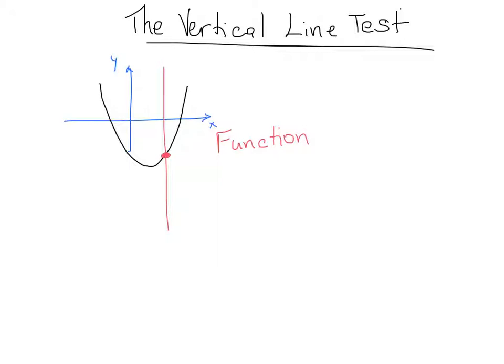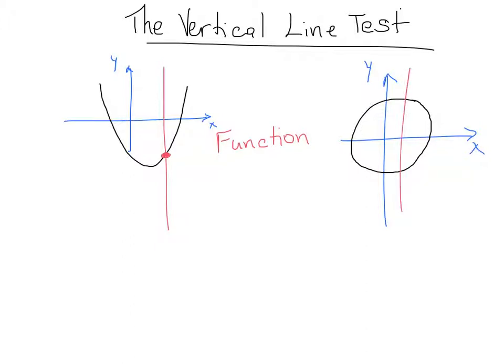Let's try another one. Circles are pretty common, so let's get one of those up here. Alright, so here is my graph, the circle, or my attempt at a circle. Now, if I can draw a vertical line anywhere on that coordinate plane and it touches my graph more than once, it's not a function. Well, here we go.